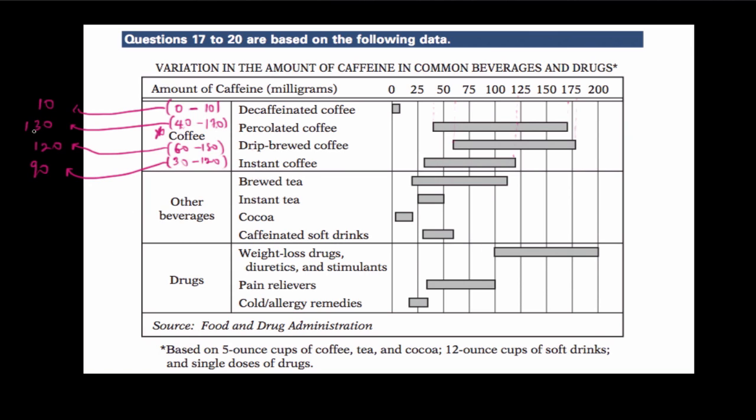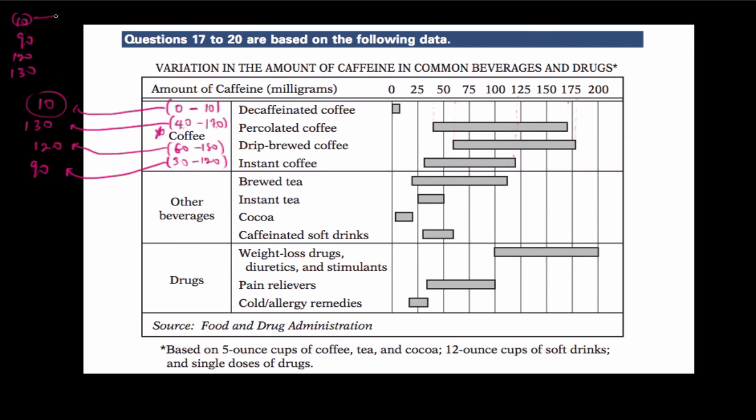So we are told to arrange them in increasing order of magnitude, from the lowest to the highest. So the first one is 10, then the next is 90, the next is 120, and the next is 130.